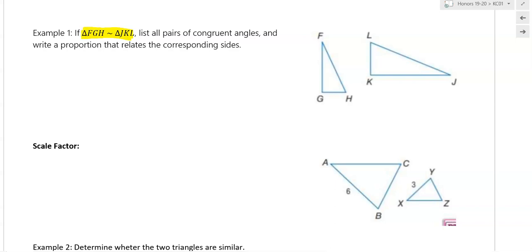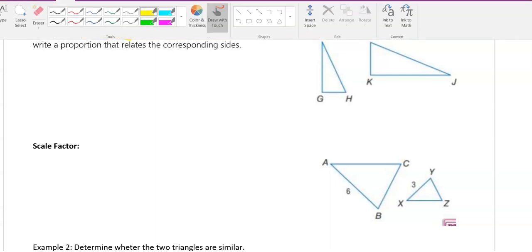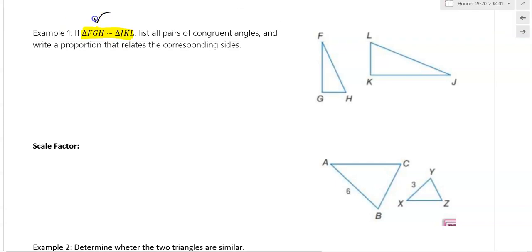the names of the triangles. So this triangle, its name is triangle FGH. We name triangles using their points. This triangle is triangle JKL. This is called a similarity statement.